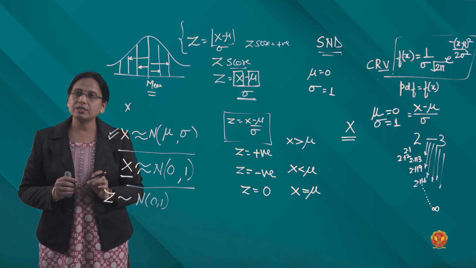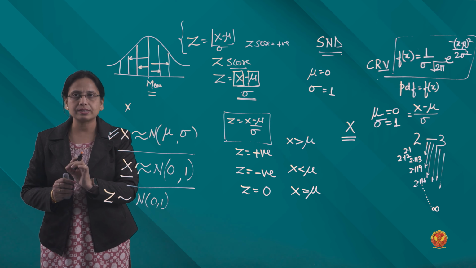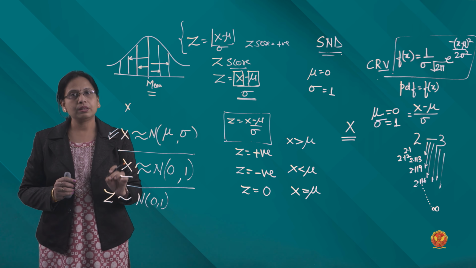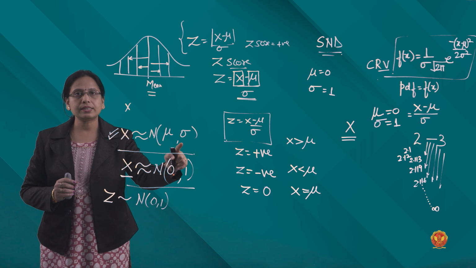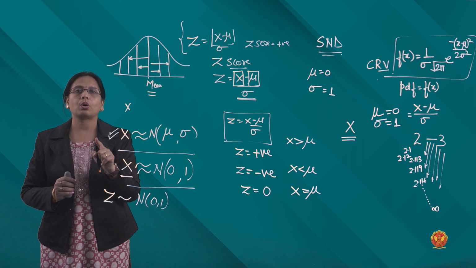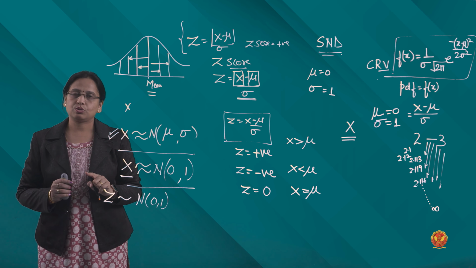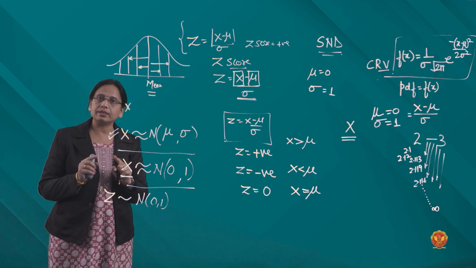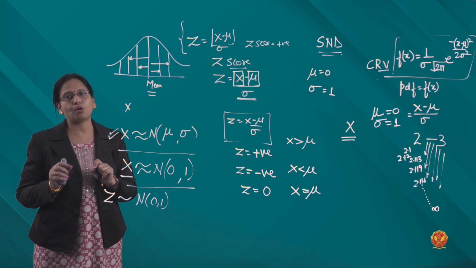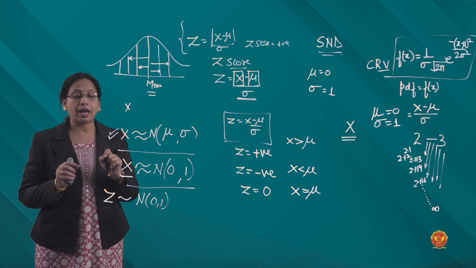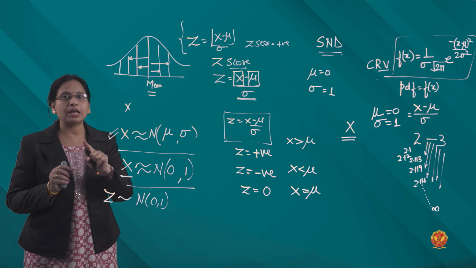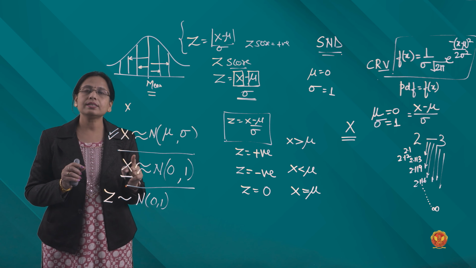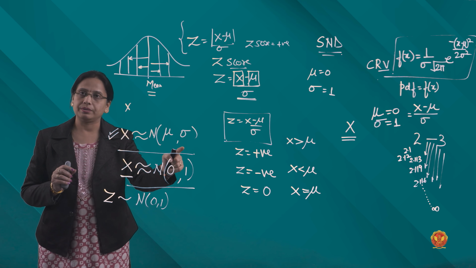If the transformation is applied to any specific value of x of the random variable with mean mu and standard deviation, the result is called the z-score of x. So what is the z-score of x? The z-score of any value x is a transformation applied when the mean value is mu and the standard deviation is represented by sigma.